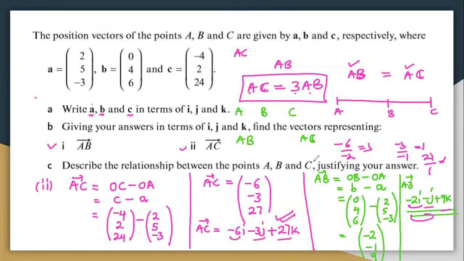By justification, it means that you have to go on and find out the scalar to show that there is a scalar, and then in your conclusion, in words, you can say that they lie along the same line, they are collinear. Those are the words you can use when you are describing the kind of relationship. Are there any other relationships?